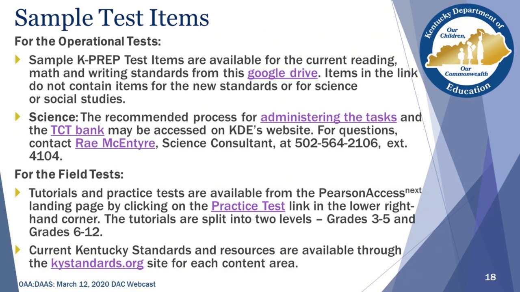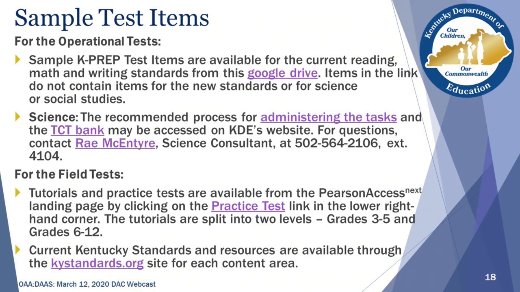For the field test, we had practice tests and tutorials available through the Pearson Access Next landing page, and you can find those by clicking practice test in the lower right-hand corner. Those tutorials were split between two levels, grades 3 through 5 and grades 6 through 12.